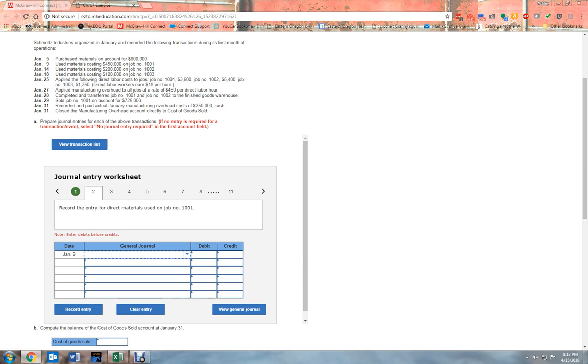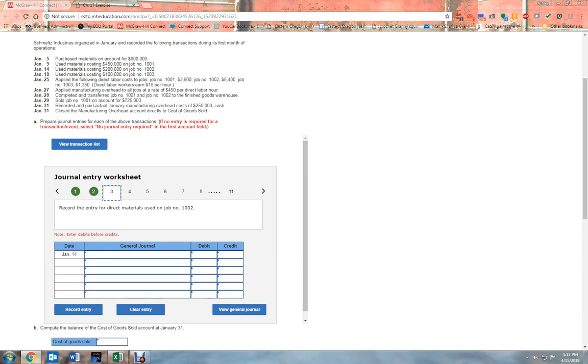Therefore, those costs are moving from that inventory account into work in process inventory. So we used materials, so that came out of the stuff we just purchased, materials inventory. So we have to take those costs out of inventory, moving them into work in process inventory, moving those costs around.